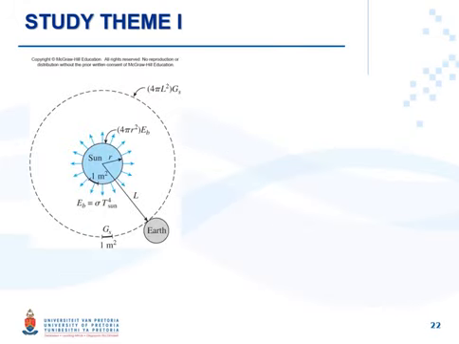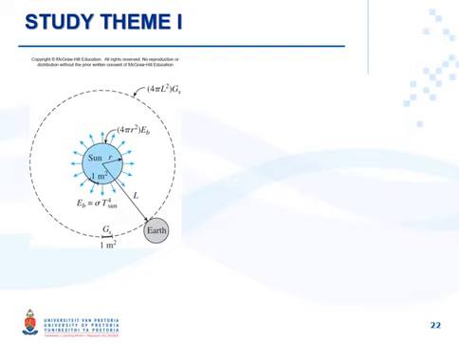In the previous slide, I mentioned that the Sun's temperature is 5,780 Kelvin. But how do we get to that number? If you remember, I just said that we can consider the Sun as a black body. What does it mean, black body?